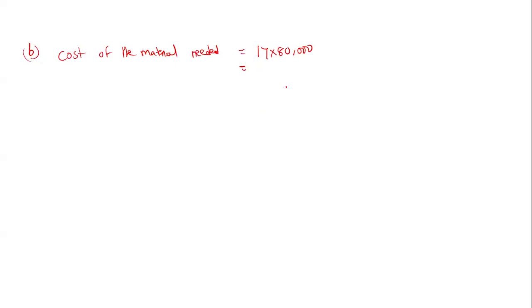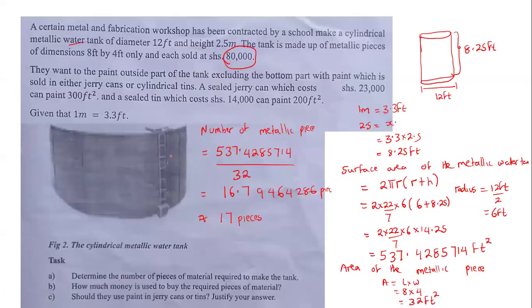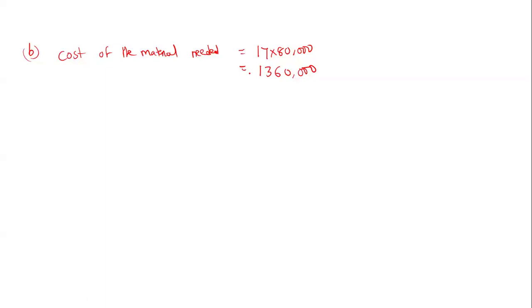When you multiply, people are getting 1,360,000. If you have observed me, I always love writing the work vertically. So you'll conclude that the amount required is 1,360,000 shillings. Then in part C, here they use shillings, so you stick to shillings.